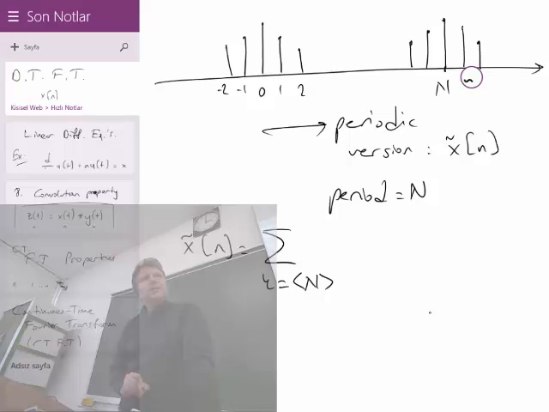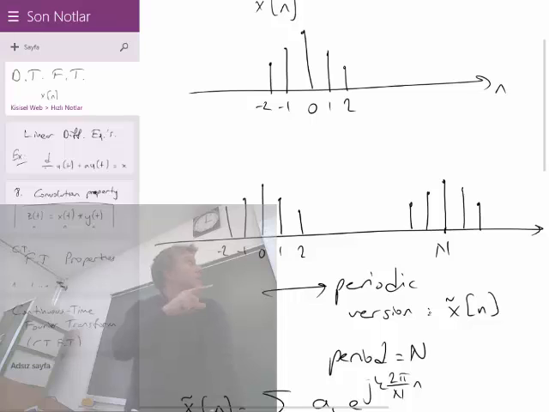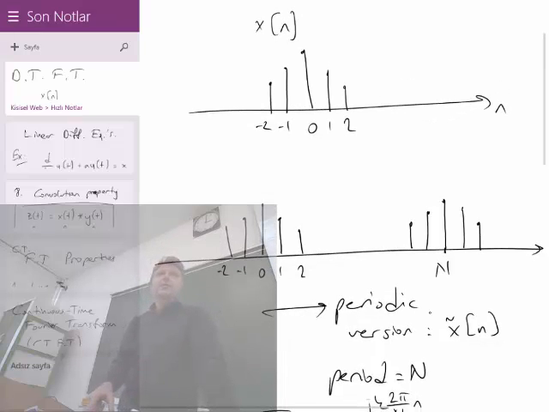So within this range, it is the Fourier series coefficients multiplied by the corresponding harmonic, like this. This was the formula that we already know. Now, by extending this formula, is it possible to obtain something related with the Fourier transform of the top shell, which is x of n, not x tilde of n?